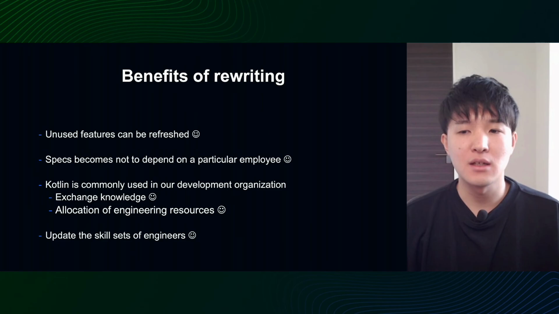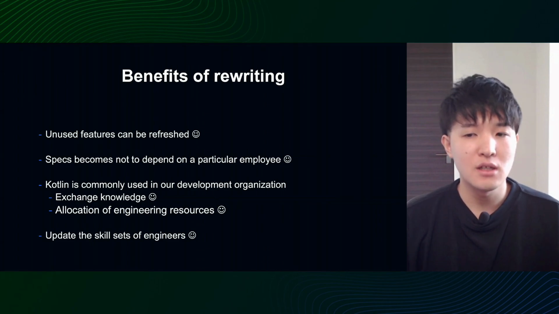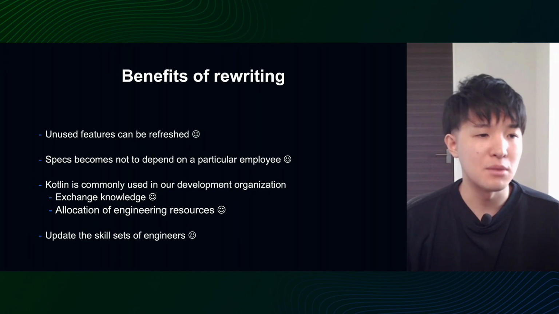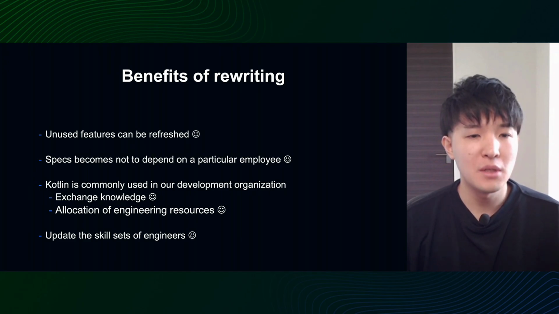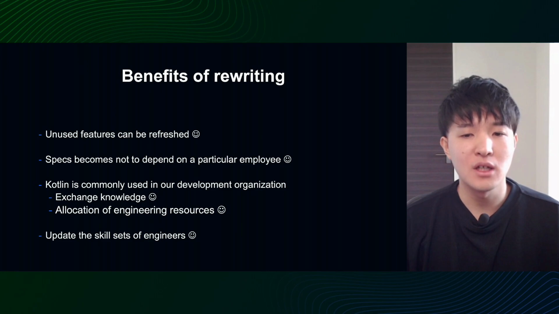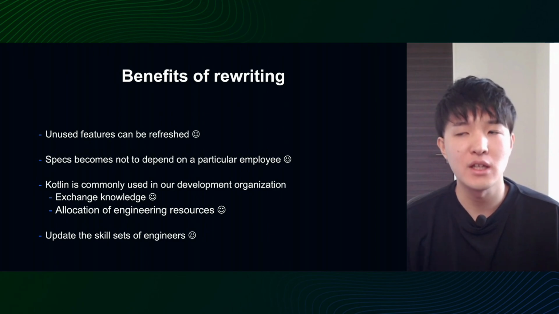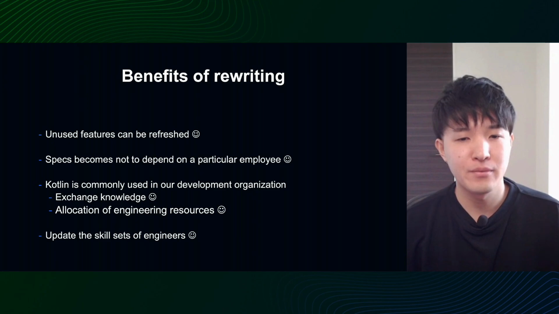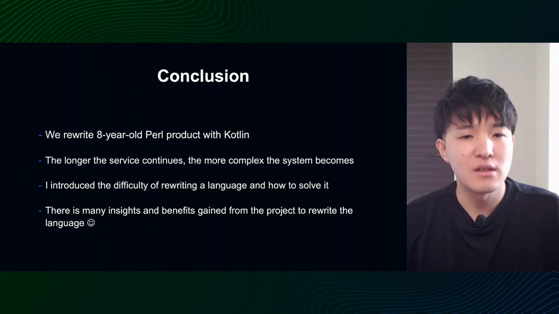And we were conscious of documenting the specifications during the whole process. Number 3, we used Kotlin, which is used widely, which allowed knowledge exchanges and mobility of engineering resources. And number 4, at the time of rewriting, we used the modern technology sets. Therefore, we updated the skill sets of engineers.